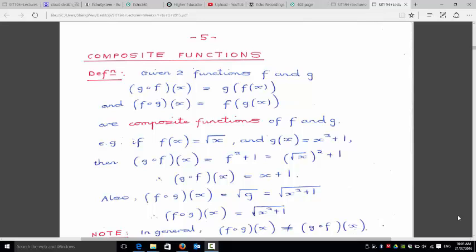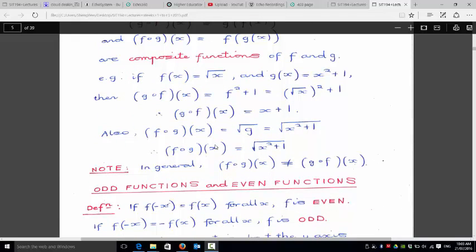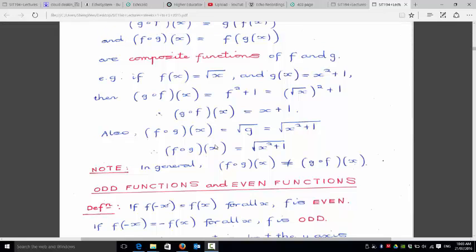So then here we have some examples. For example, we have f(x) equals square root of x, and g(x) equals x squared plus 1.